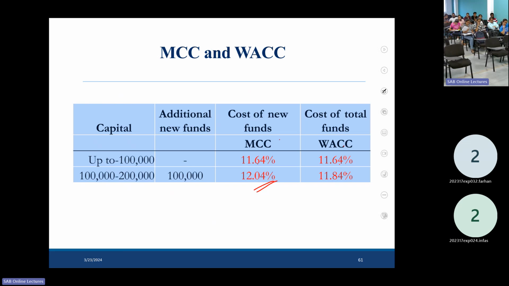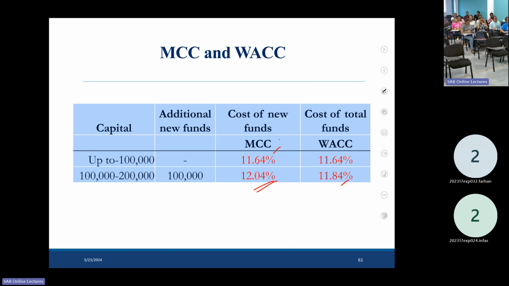Again, the stock fund raise is relevant to your relevant cost. With the existing capital structure, if you calculate the weighted average cost of capital, this is the new weighted average cost of capital. Right? So this is MCC, this is the weighted average cost.